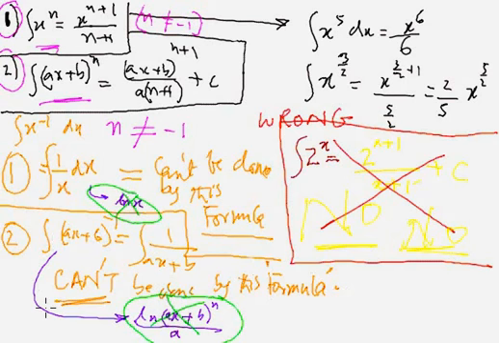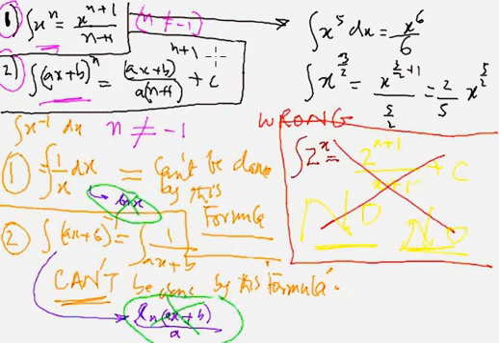This then goes into the ln formula, which is ln of ax plus b. That's it. Just remember these.